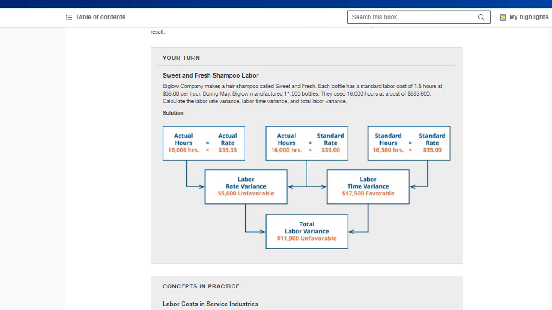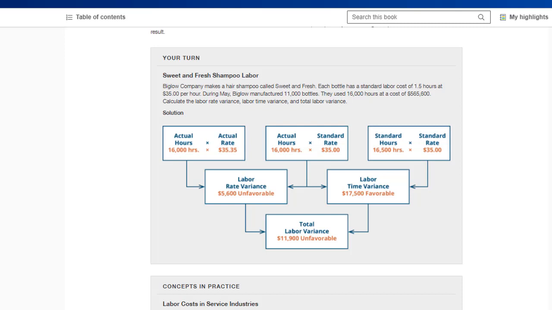Okay, so what did we learn? The point of variance analysis is to begin by saying, what did I expect to spend originally? That is my standard. What did I actually wind up spending? That's how much money came out of my cash account. That's how much I paid. If I paid less than expected, that is favorable. If I paid more than expected, that is unfavorable.